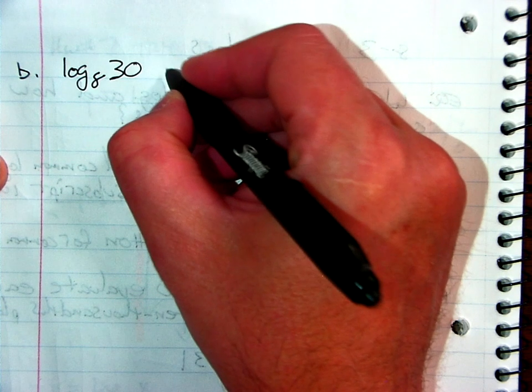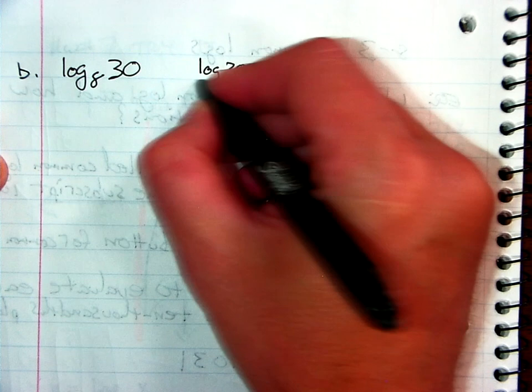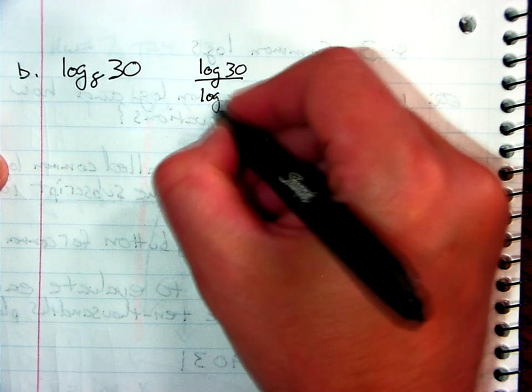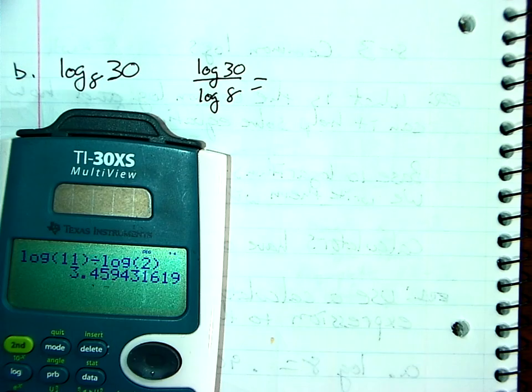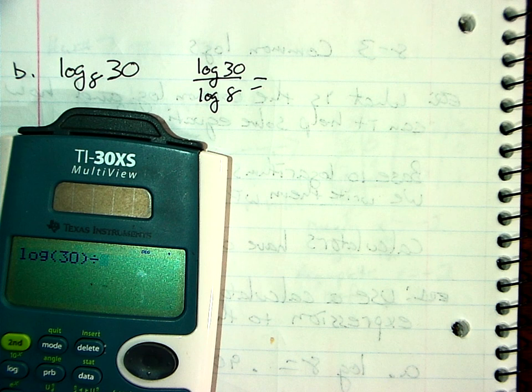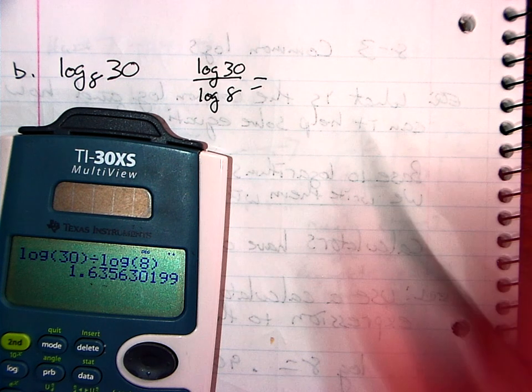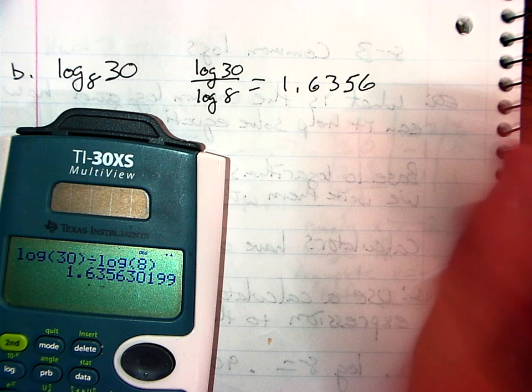Once again, this splits into 2 pieces: log of 30 over log of 8. Log 30 divided by log 8. And I got 1.6356.